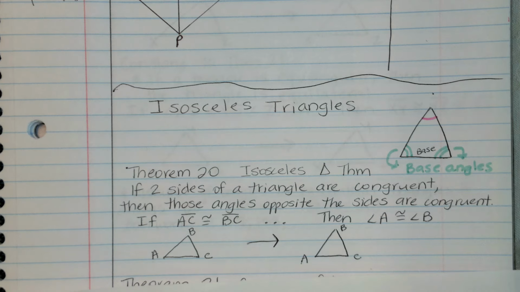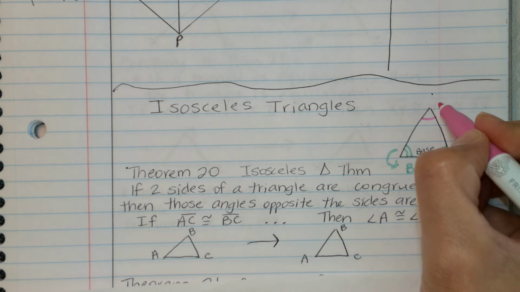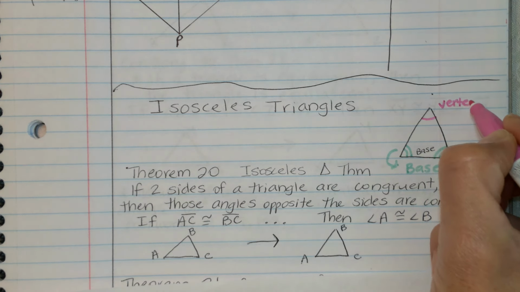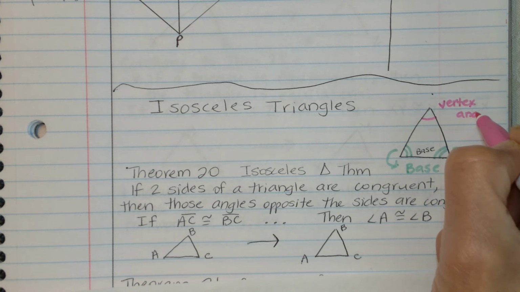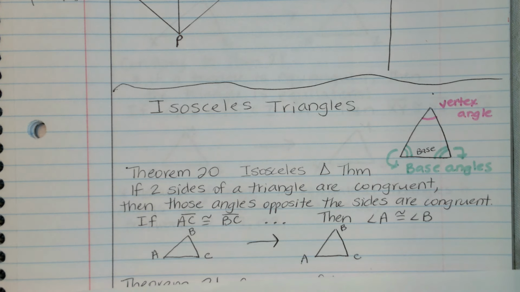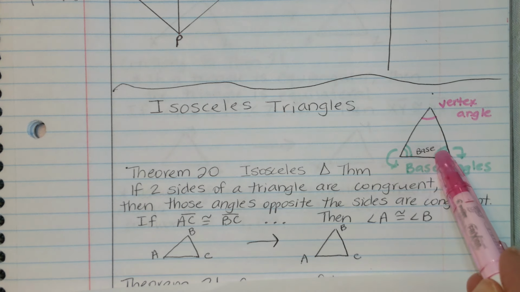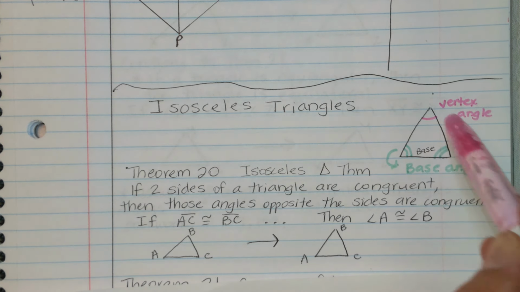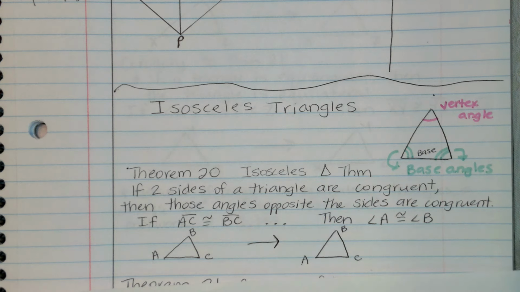And this one that I already marked up here is called the vertex angle. So basically the way to think about it is you're going to have two angles which are congruent, so they're the same measure. Then the other angle is called the vertex angle.